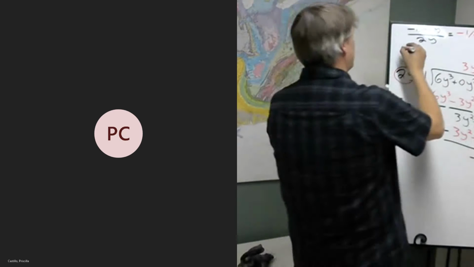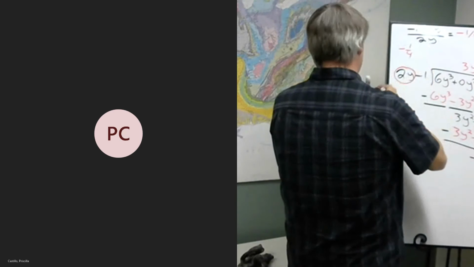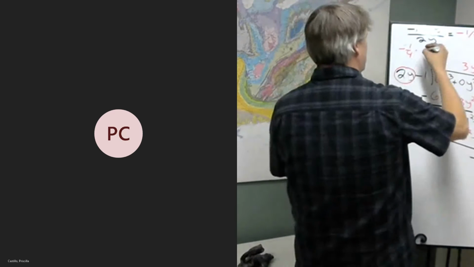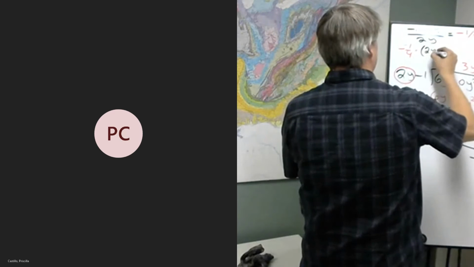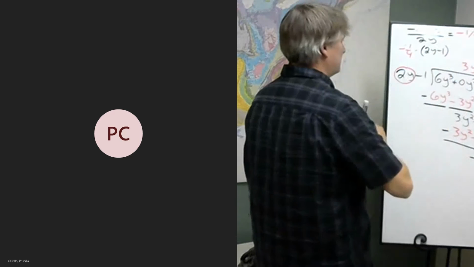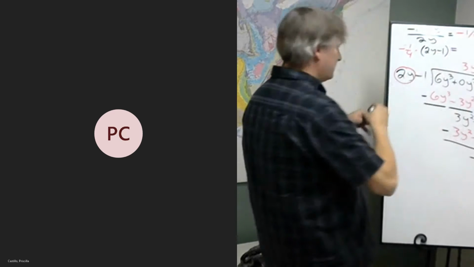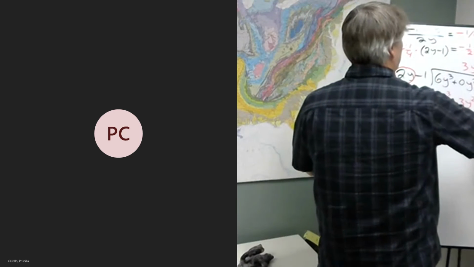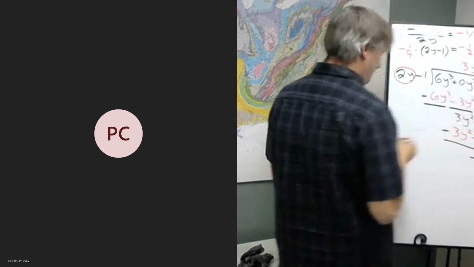And then -1/4 times 2y minus 1 will give us -1/2 y plus 1/4.